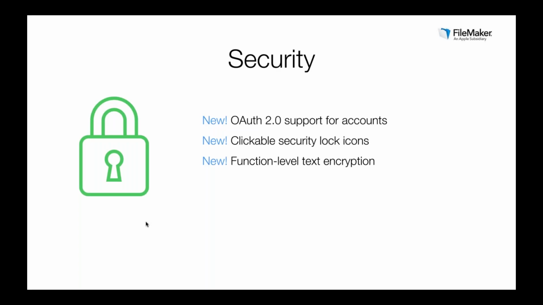So security, we've added now OAuth 2.0 support for accounts. And for those of you not familiar, OAuth 2 provides a secure way to authenticate FileMaker users via a third-party identity provider for simplified credential management. So before we had Active Directory, Open Directory, things like that, and you could log in single sign-on.